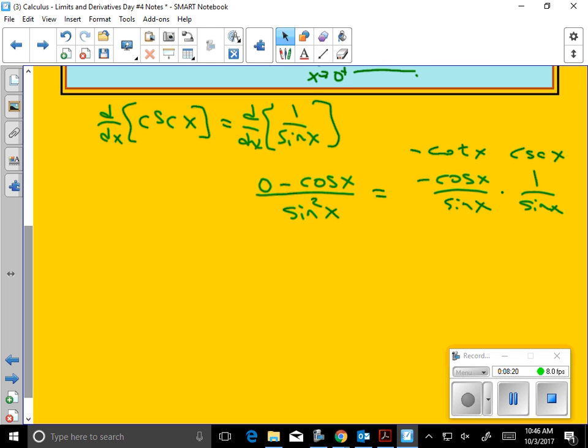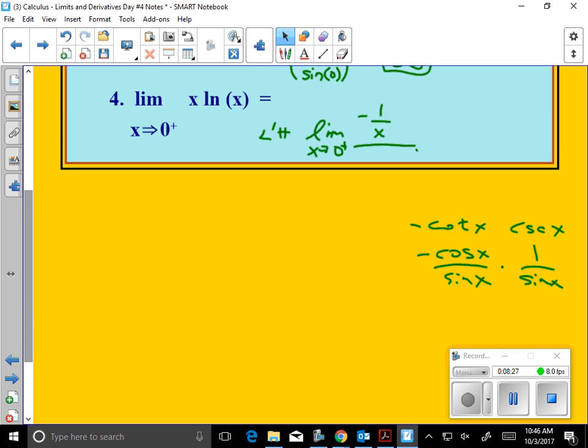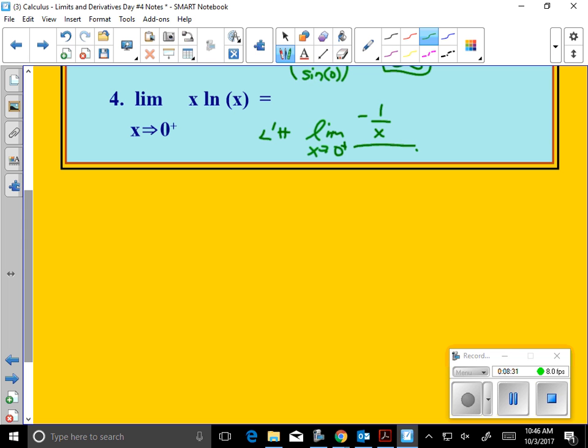Now, why would I put it in terms of sine? Well, I'll show you why. Sine and cosine, because one of our special limits comes out to play. All right, I got a negative and a negative. So is everybody okay with the fact that those two are just going to negate? Okay, cool.